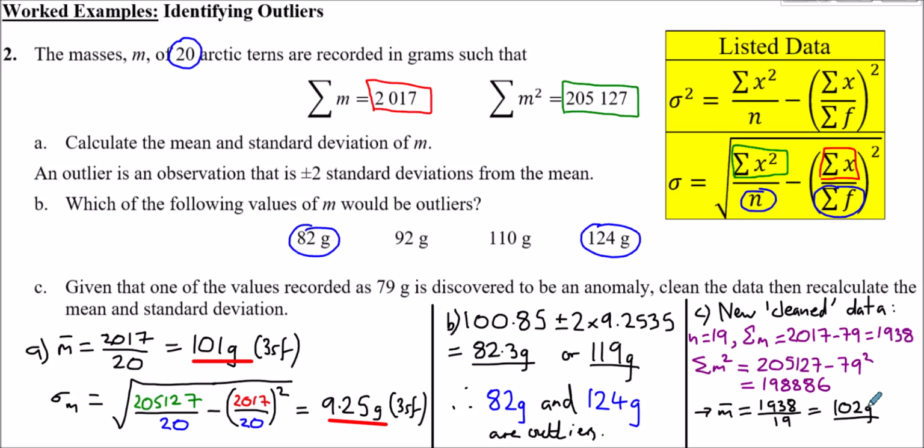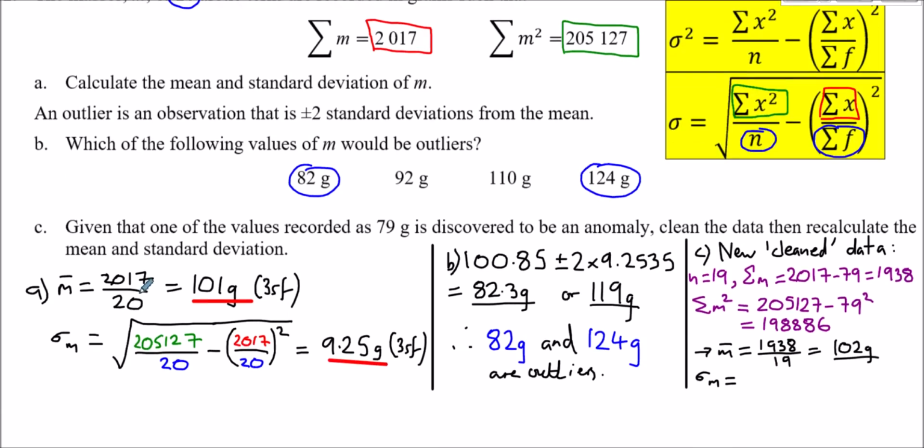So that's the new mean, and the new standard deviation. So that's going to be the sum of the masses squared, where the new sum of the masses is 198886, divided by 19 minus the mean squared, and all of that is square rooted.